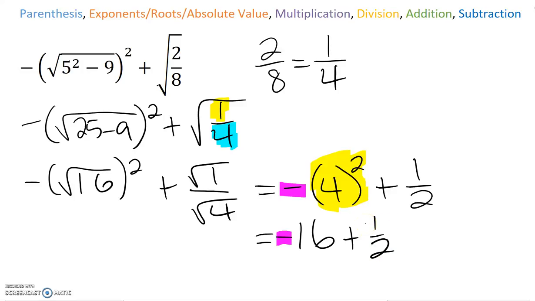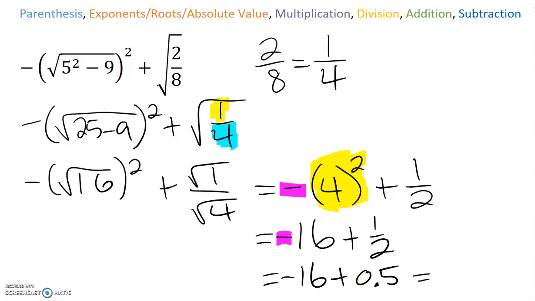Now this can be tricky for people. We have negative 16 plus 1/2. You can think about this many different ways. You can think about it as negative 16 plus maybe 0.5. That's another way of doing it. But regardless of how you do this, remember you have a negative and a positive. When we solve these types of problems, you have to think about what number is bigger.